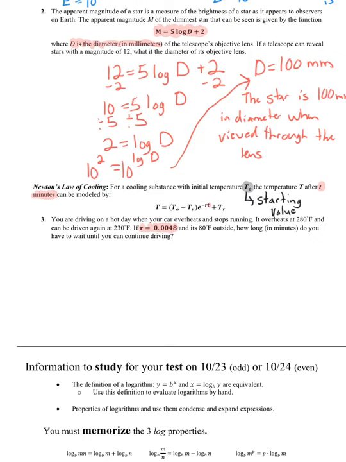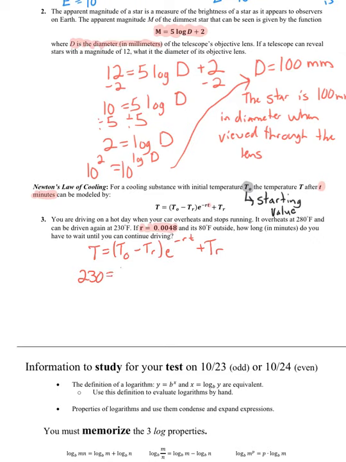So we've got the initial temperature, the outside temperature, and the final temperature of the car before we can start driving again. The temperature of the car needs to be 230 degrees.